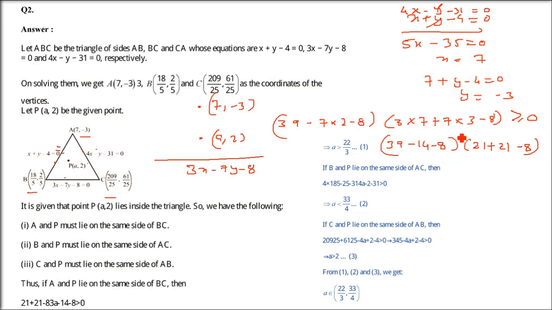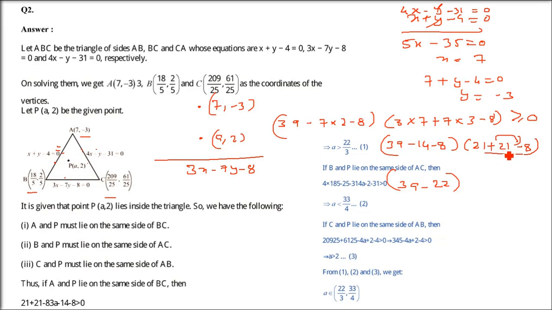So 3A minus 22, and then 21 plus 21 is 42, 42 minus 8. This is a constant, it is not negative, so don't worry about that.